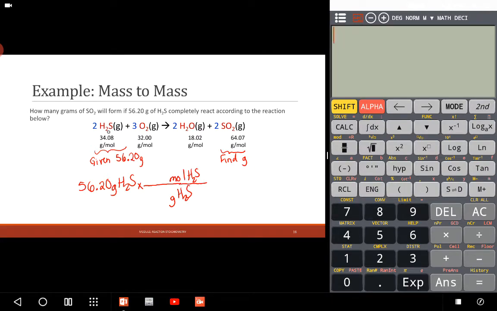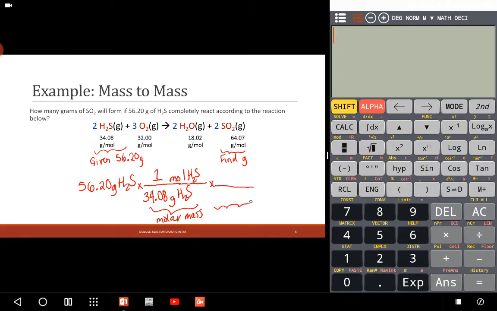And so this is where the molar mass comes in. That's going to help me get into moles, because that's always what my goal is initially for stoichiometry. Now I have 34.08 grams of H2S. Whenever I use molar mass as a conversion factor, that is a 1 on the moles.